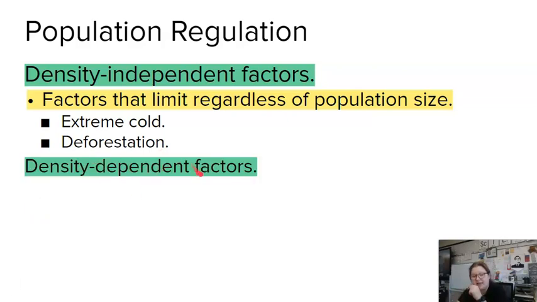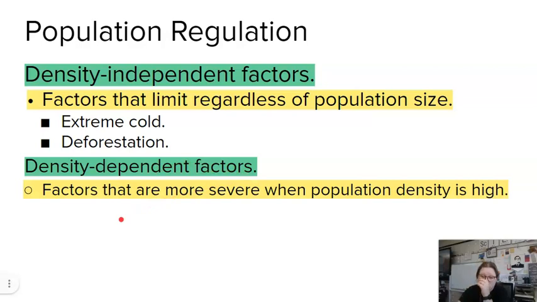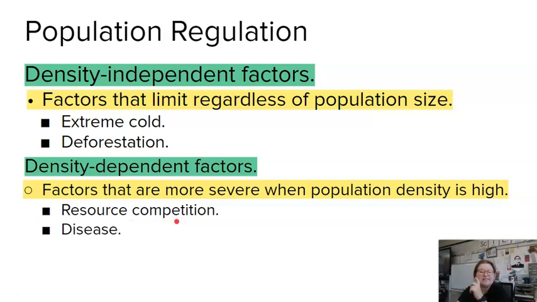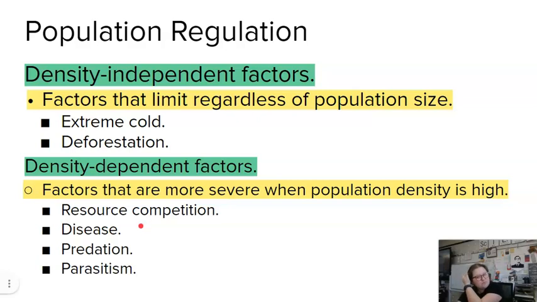And then density dependent factors are more severe when the population density is high. These are things like resource competition, so competition for food and water, disease, the closer we are, the more people there are in an area, disease is going to affect us more, and then predation and parasitism.